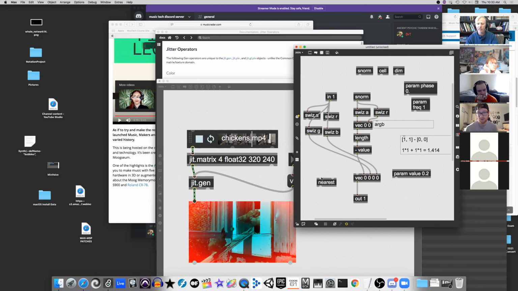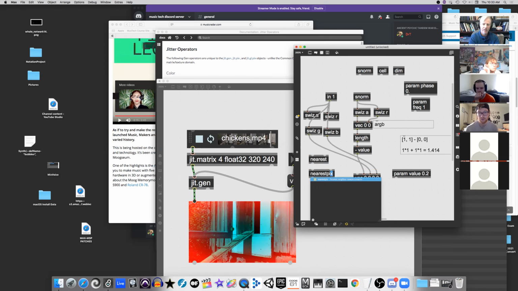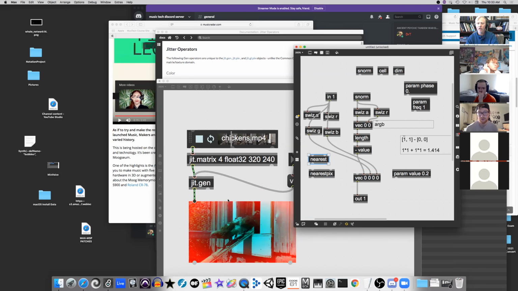So there's two things, and I want to clear this up. There's nearest and nearest pix. The only difference here is that this defines the geometry of the matrix coming in as between 0 and 1. So this is normalized. And this one would do it by the cell number, so 0 to 319 and 0 to 239. Both of these want to know which cell coordinate we're talking about.